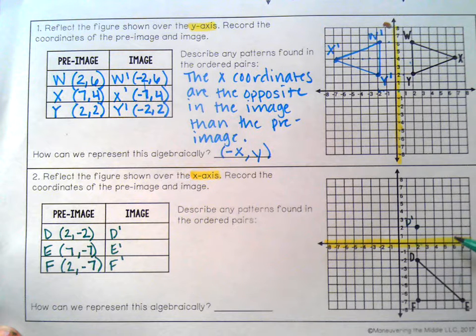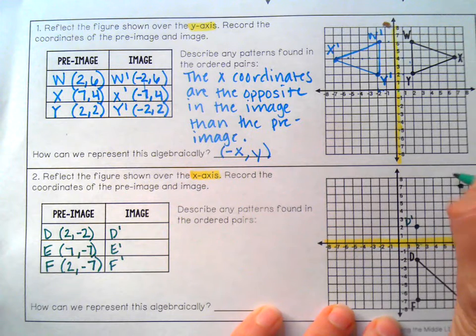And E is 1, 2, 3, 4, 5, 6, 7 down. So I need to go 1, 2, 3, 4, 5, 6, 7 up. So in other words, I was at -7 on Y before. Now I'm at +7.